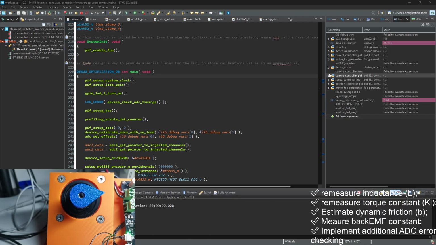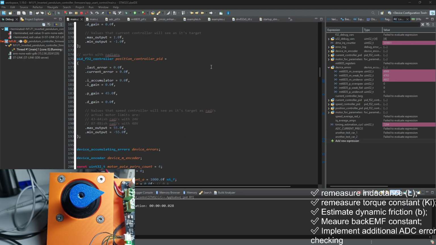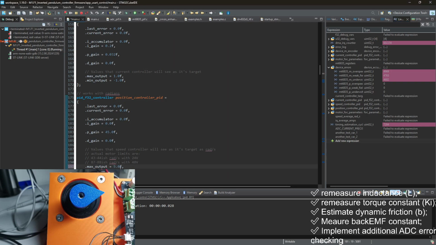Oh, this actually produces errors. Quite a lot of them. Very interesting. It does produce errors. Okay, because we are using a long cable. Let's slow it down a bit.